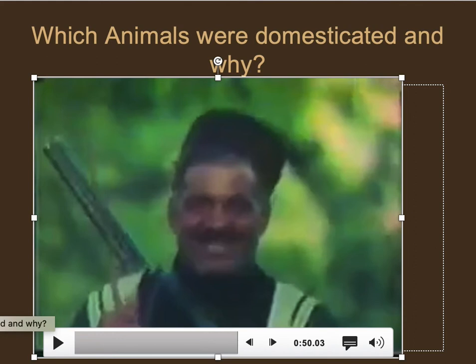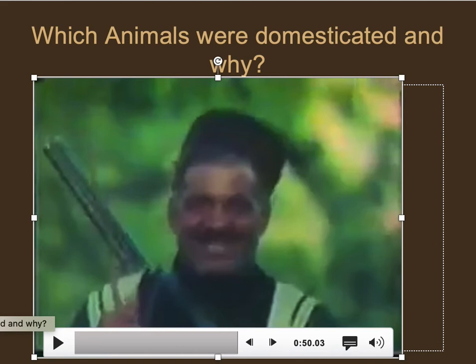What are some other animals that have been domesticated? Well, chickens were domesticated in Southeast Asia. Right? Turkeys were domesticated in North America. Right? Those are some of the main domesticated animals that we're familiar with. Which animals have never been domesticated?